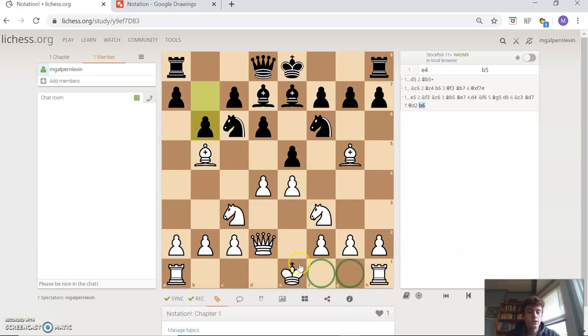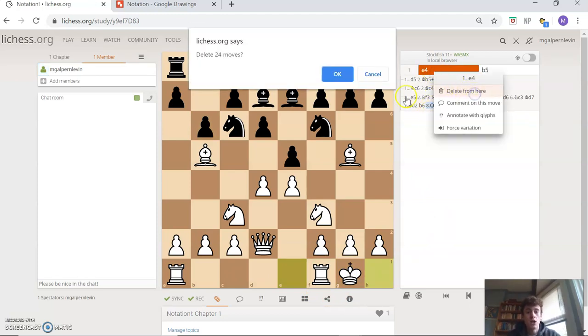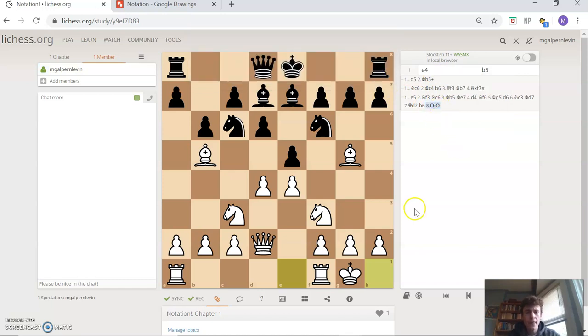And if you circle those squares, even better for us. So when we make this castle move, it is going to appear as O-O, and that is just because of the 2 squares in between.